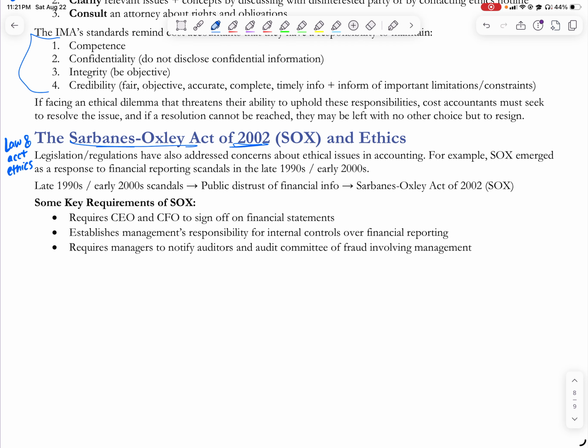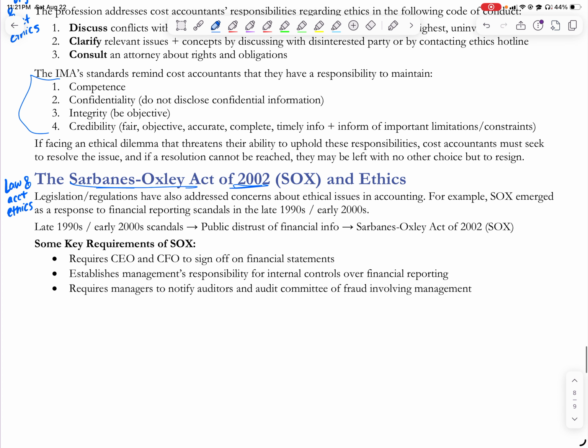Massive frauds, massive scandals that fundamentally weakened the public's trust in financial accounting info, because the financial statements that were being reported were being misreported. The information was not valid, essentially.